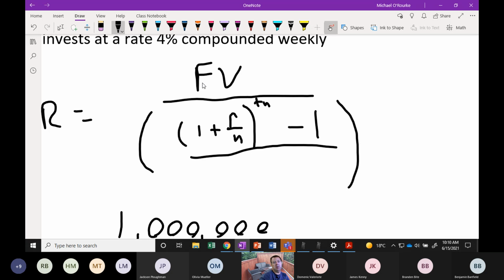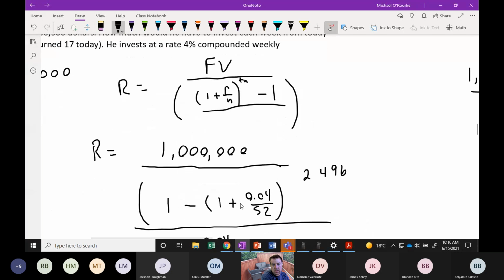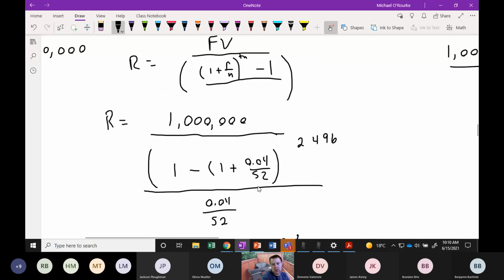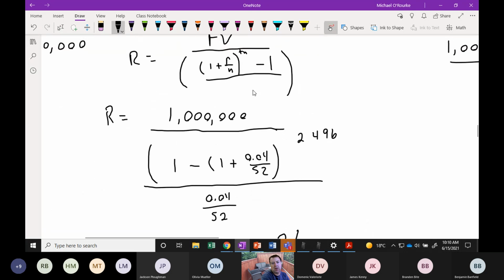Okay, so it's future value divided by... so this here should be six.